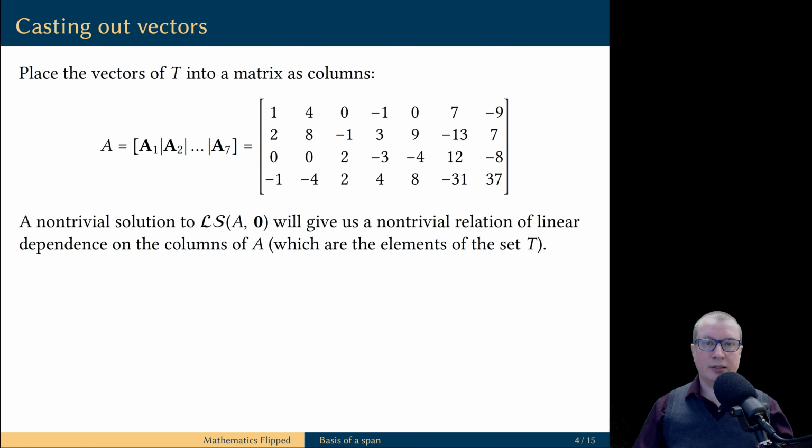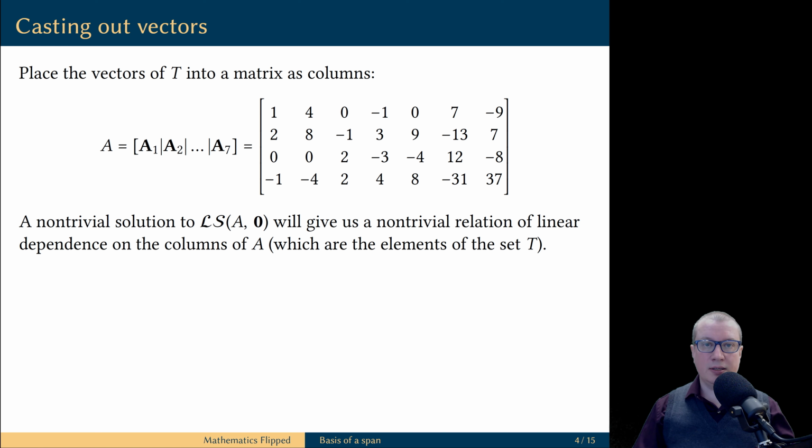I'm going to construct a matrix A by using vectors from the given set T as columns of this matrix. The homogeneous linear system with A as the coefficient matrix has infinitely many solutions because there are more variables than equations. There are 7 variables, that's the number of columns in the matrix A, and there are 4 equations, that's the number of rows in the coefficient matrix A.